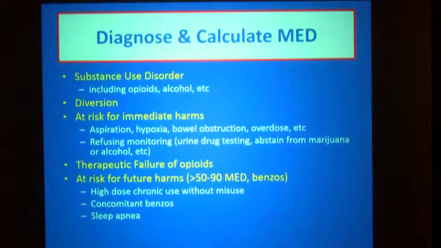Therapeutic failure of opioids, what do I mean by that? I mean that the patient has been on these medications for, say, a year, 5 years, 15 years, and their pain is still rated 8 out of 10, and they are incredibly sedentary. They are not active in any roles in their life. They are not working. They're receiving disability.